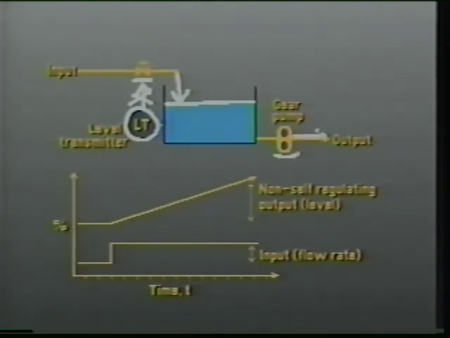Flow from the gear pump will not be able to accommodate changes in the inlet flow, since any increase in inlet flow rate above the gear pump flow rate will result in the fluid level growing until the tank overflows. Any inlet flow rate below the gear pump rate will result in the fluid level diminishing until the tank runs dry.